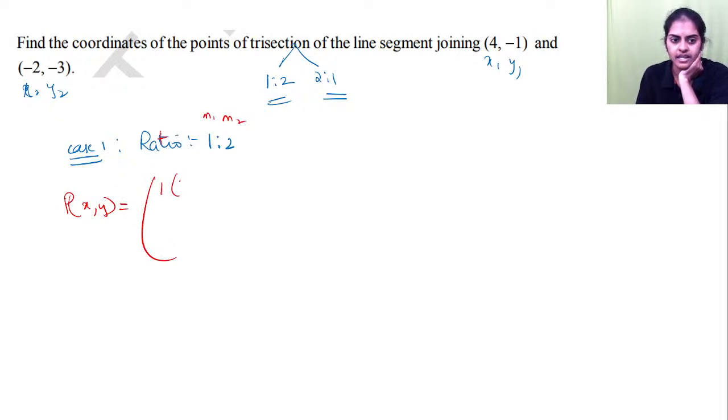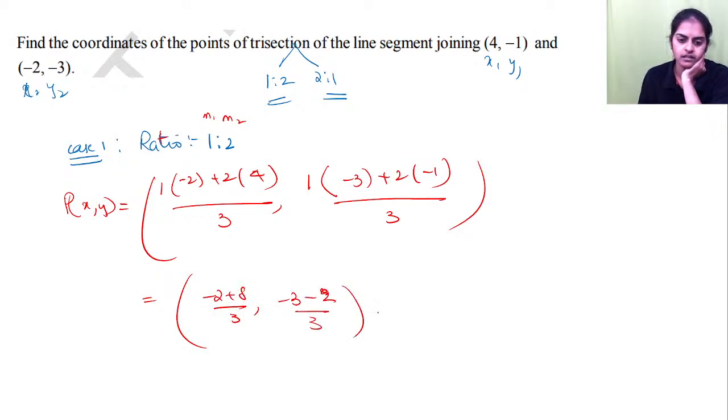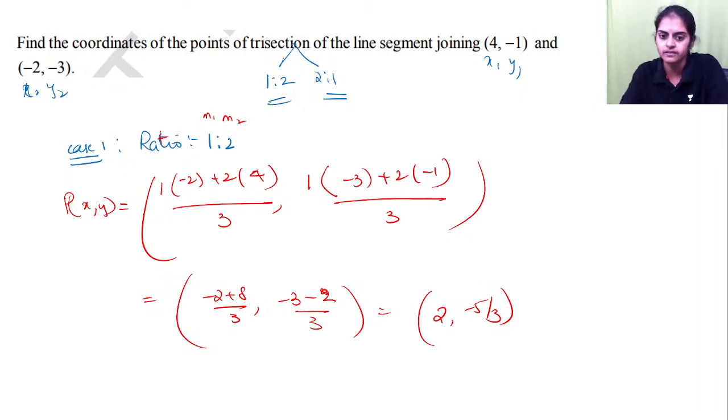So (m1 x2 plus m2 x1) by (m1 plus m2), (m1 y2 plus m2 y1) by (m1 plus m2). So that is (minus 2 plus 8) by 3, (minus 3 minus 2) by 3. How much did you get? So 6 by 3 is 2 and this is minus 5 by 3. What answer did SR Gamers get? Let me check.